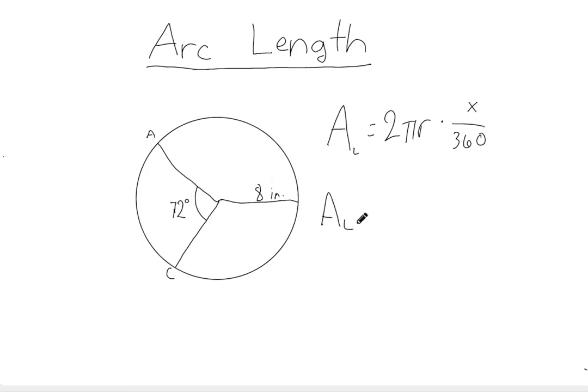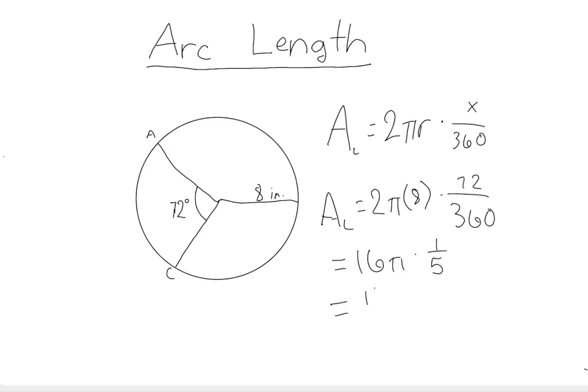So it ends up being that arc length is equal to 2 times pi. Well, we know our radius right here, it's 8 inches, times 72 over 360, which is equal to 16 pi. And if you can do the fraction pretty quickly, it's actually 1/5.